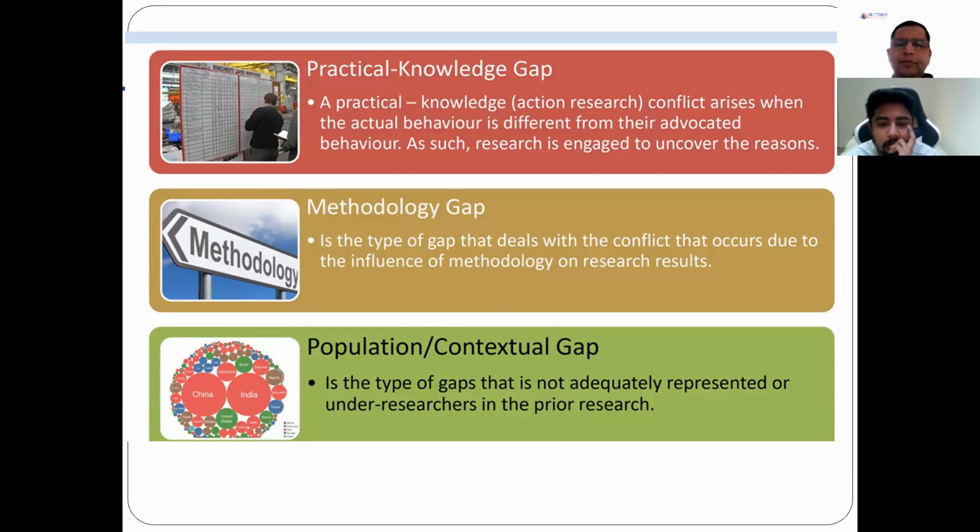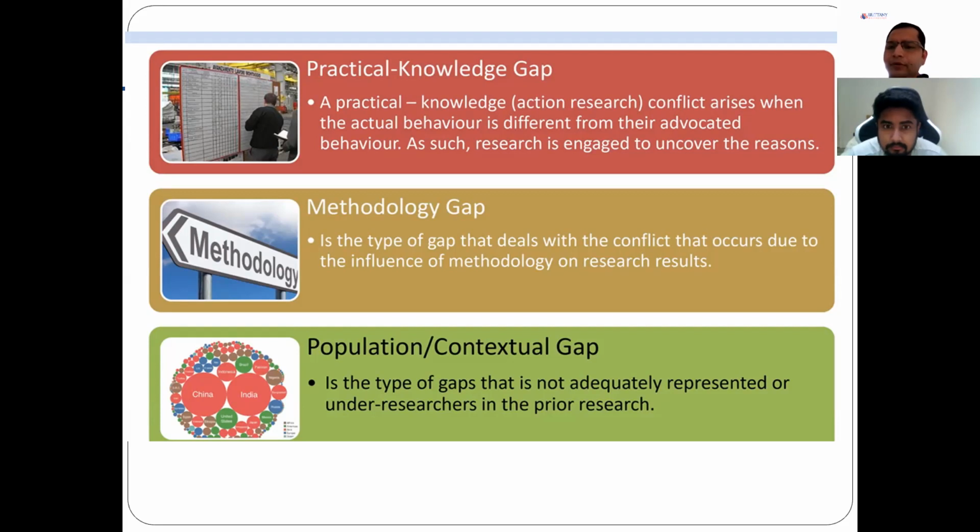Methodological gap is where some research has been done in a quantitative method, so you can now apply qualitative. Or some has been done in a qualitative method, you can apply quantitative. In some cases, you can apply both. We call it mixed mode, quantitative and qualitative together. Population or contextual gap: some research has been done from the employee perspective, some from the citizen perspective.